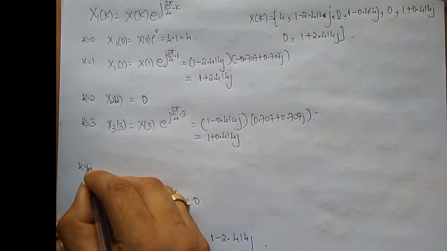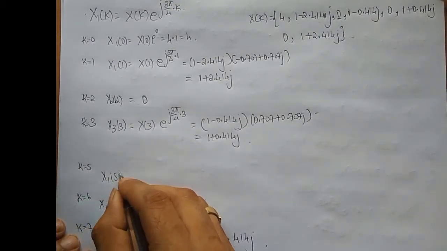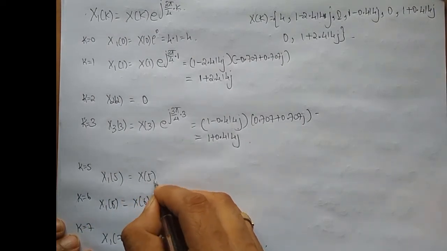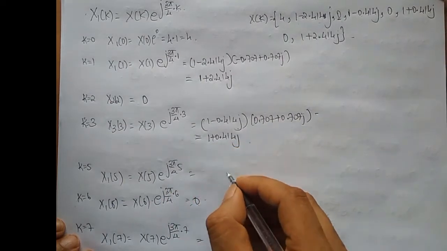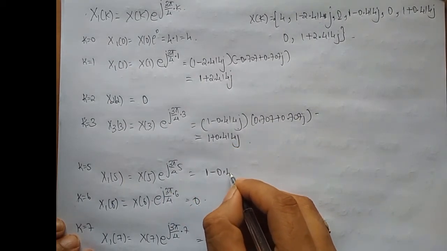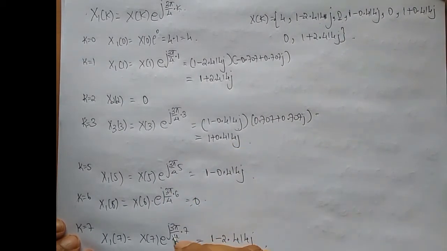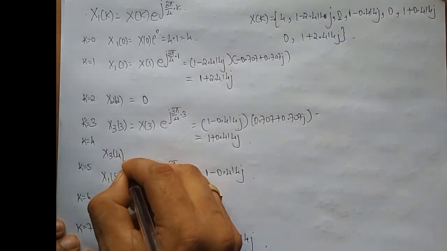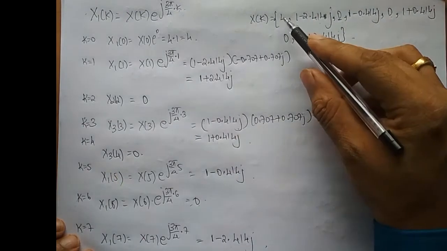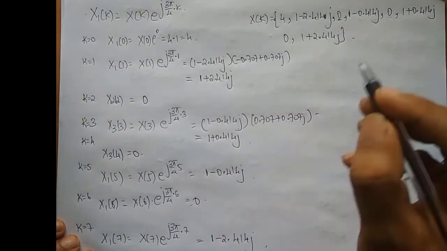So k equal to 5 is x1 of 5, which is equal to x of 5 into e power j 3 pi by 4 into 5, which will be equal to the complex conjugate of this, which is 1 minus 0.414j, right? So for k is equal to 4, x3 of 4 is equal to 0, right? Because this is 0, x of 0, 1, 2, 3, 4.